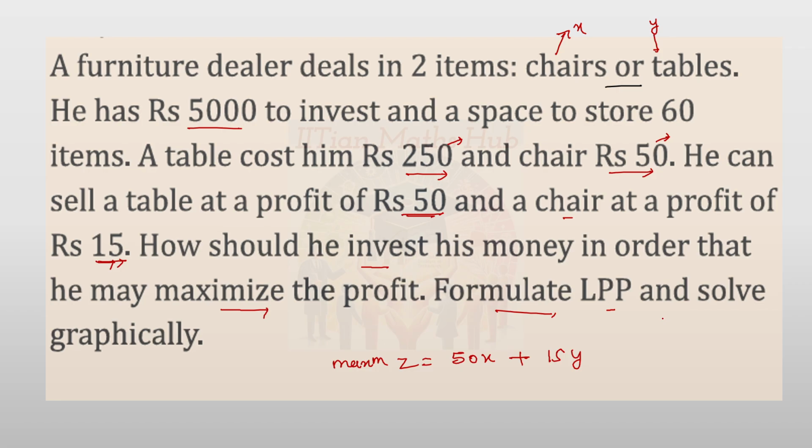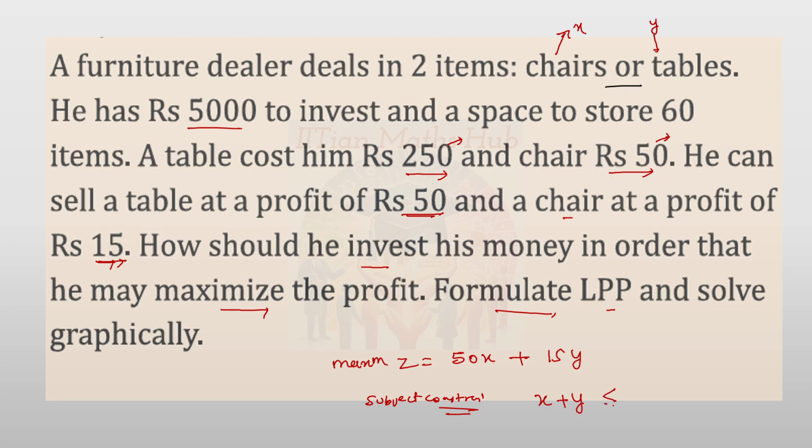Now the next thing is that the maximum space for items is 60. So, subject to constraints, the maximum space for two items is 60, meaning the total number of chairs plus the total number of tables can only be stored if they are in total 60 items.